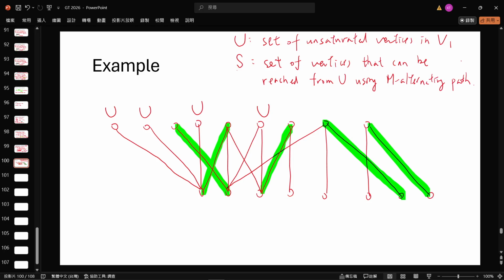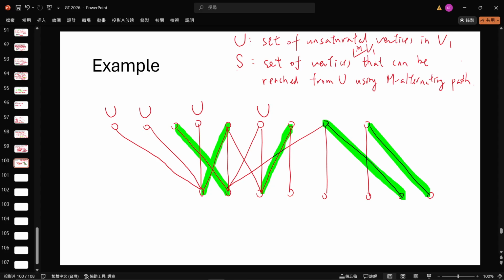So S is the set of vertices in V1 that can be reached from U using M alternating paths.